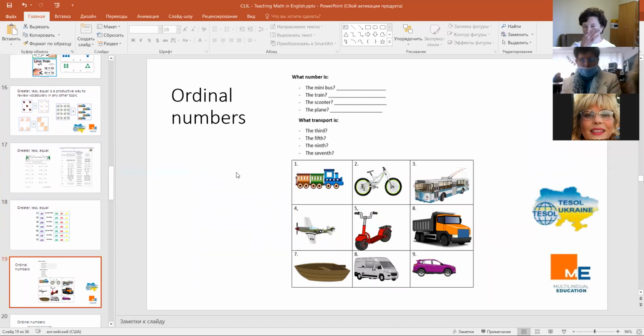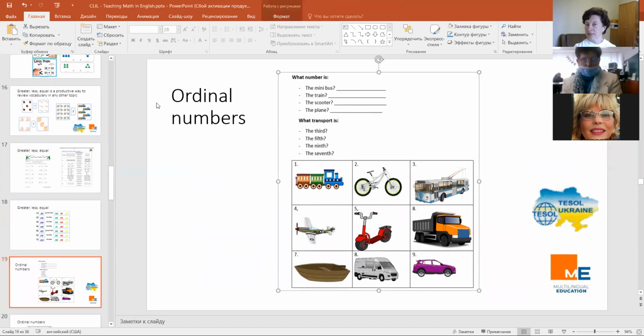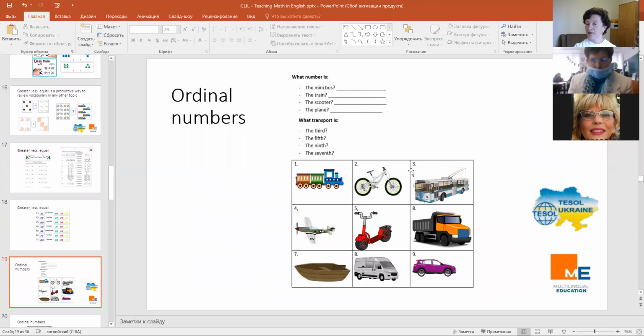Sometimes it seems a bit strange to start doing ordinal numbers in the second grade, but math is based on ordinal numbers. So this is an example of the worksheet we used for the second grade and for the first as well. Again, topic transport, yeah.